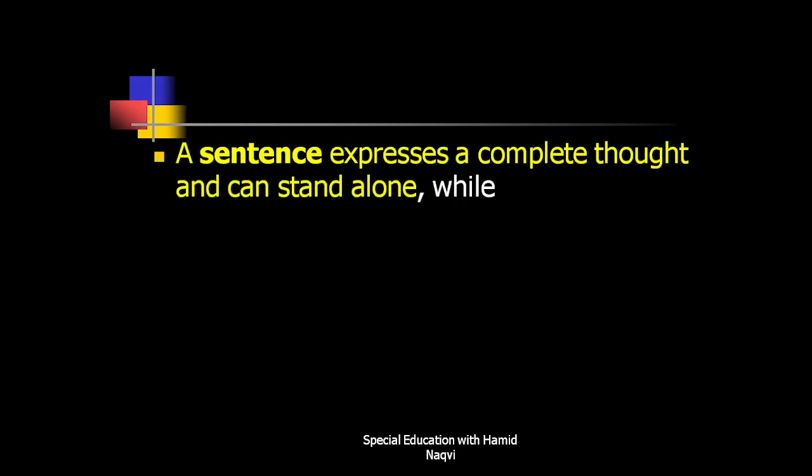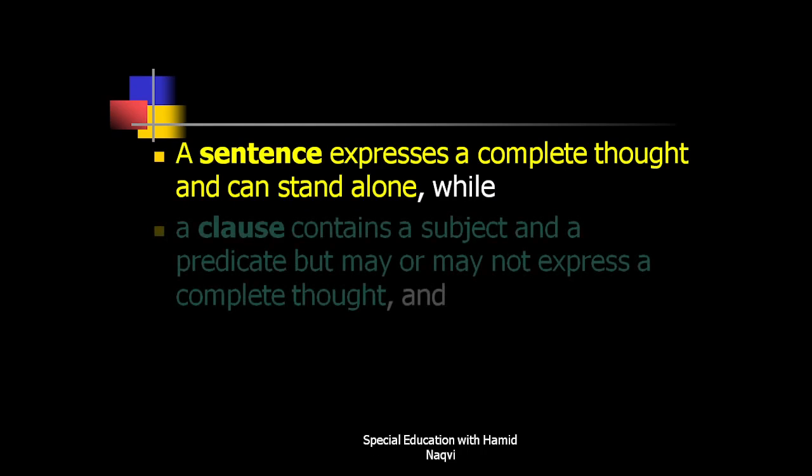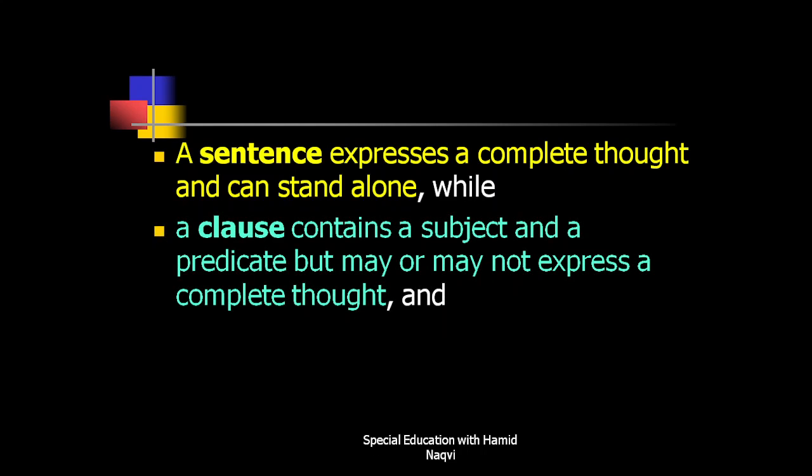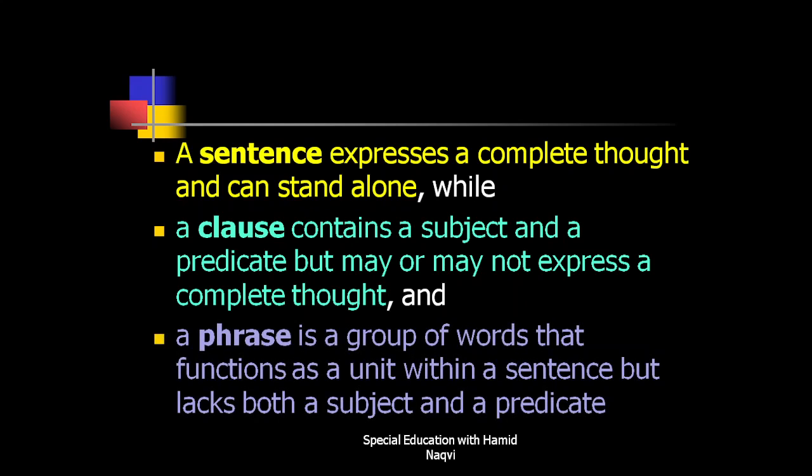A sentence expresses a complete thought and can stand alone, whereas a clause contains a subject and a predicate, but may or may not express a complete thought. And a phrase is even shorter than a clause, a group of words that functions as a unit within a sentence but lacks both a subject and a predicate.